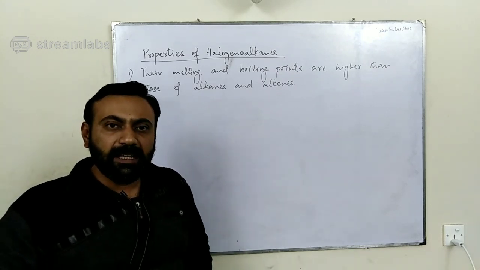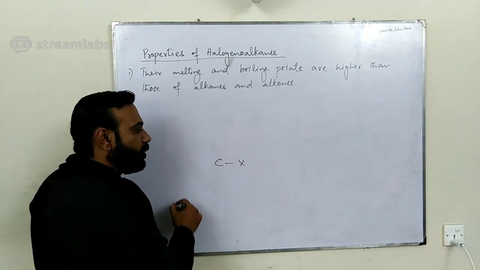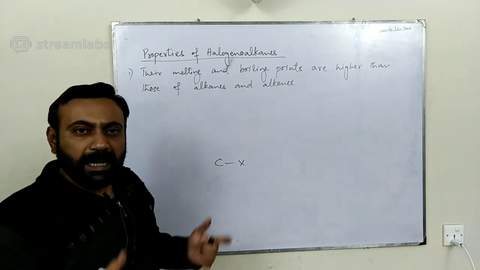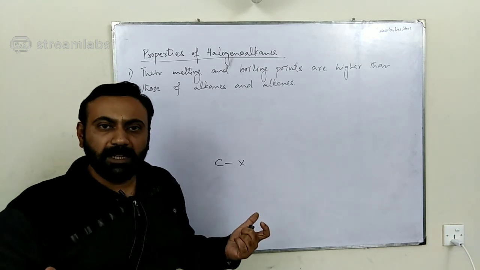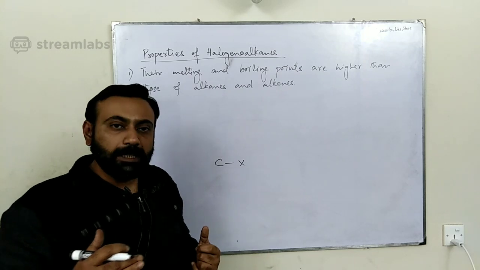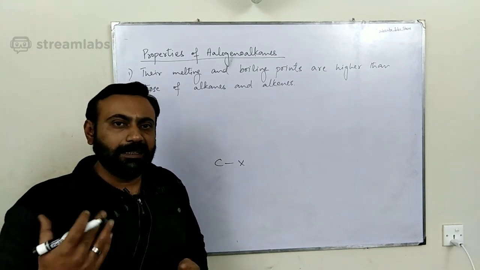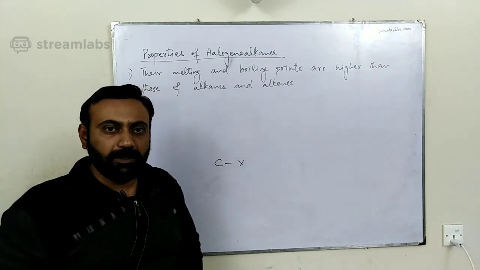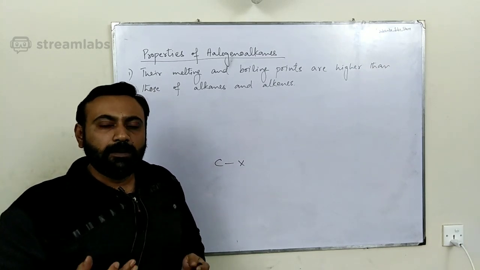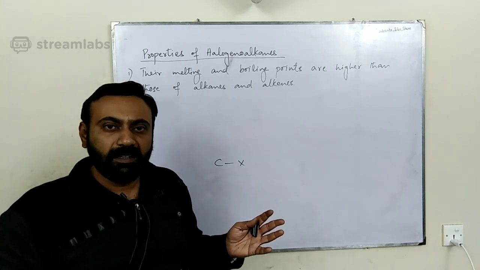And the reason behind that is the presence of a polar bond. The carbon to halogen bond is always a polar bond, and these bonds form permanent dipoles. So the force of attraction between the molecules would involve permanent dipole attraction, which is a relatively stronger force of attraction as compared to van der Waals forces, which are present in alkanes and alkenes due to their non-polar nature.